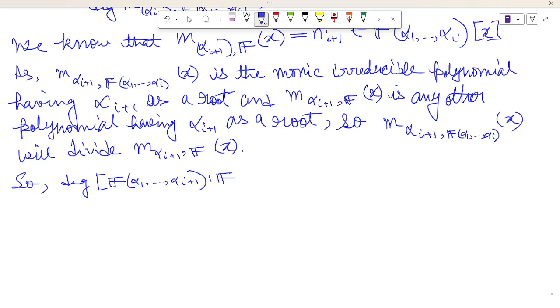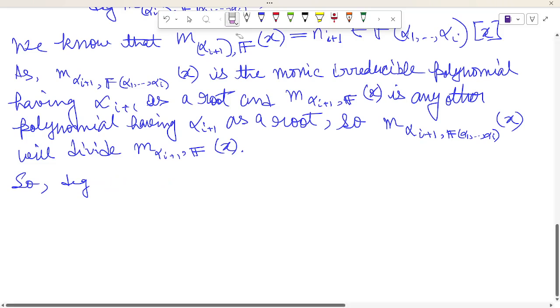That means, it divides, so this polynomial has lesser degree than this polynomial.